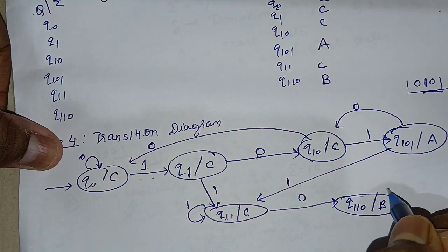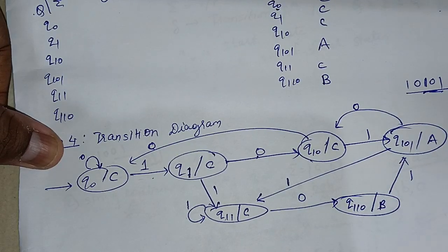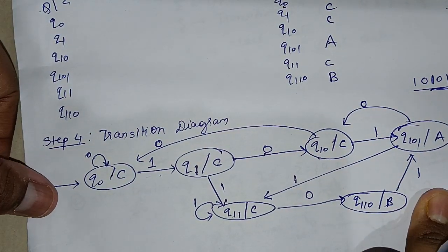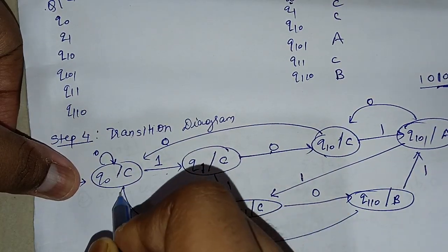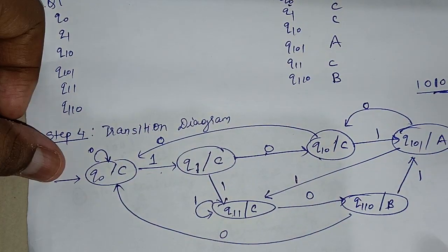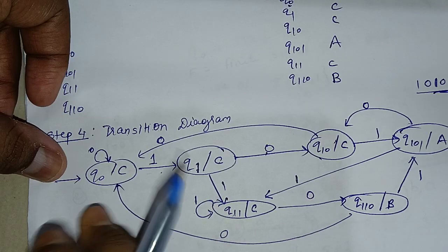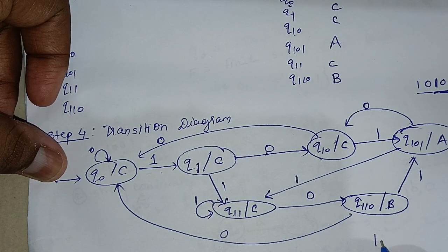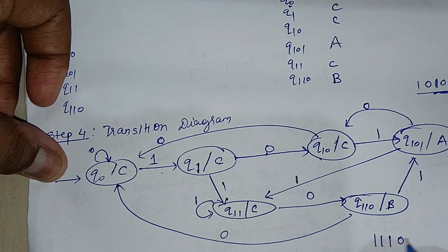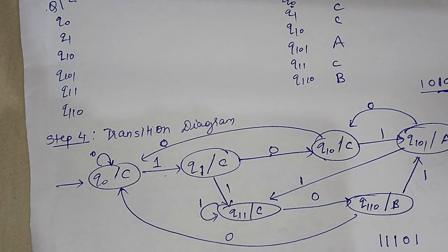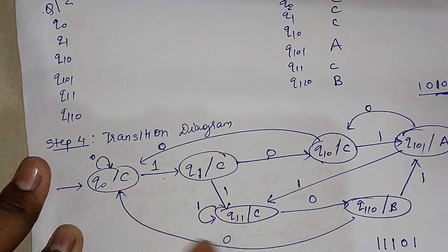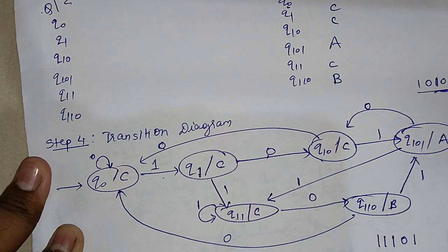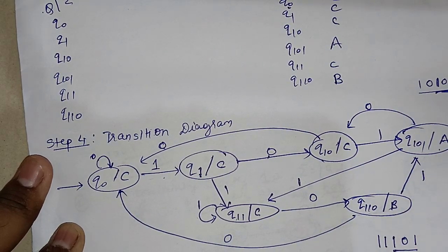If it receives 1, I will make a transition on Q101. If it receives 0, I will make a transition on Q0. Now why? Let's see. The string can come like this also, 1 1 1 0 1. See, 1 1 1 0 1, ending with 101, we are receiving the output A.